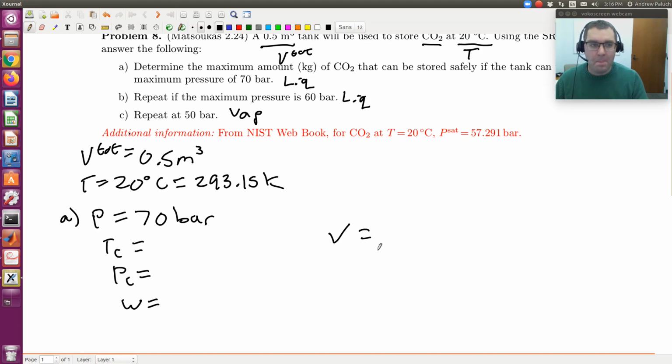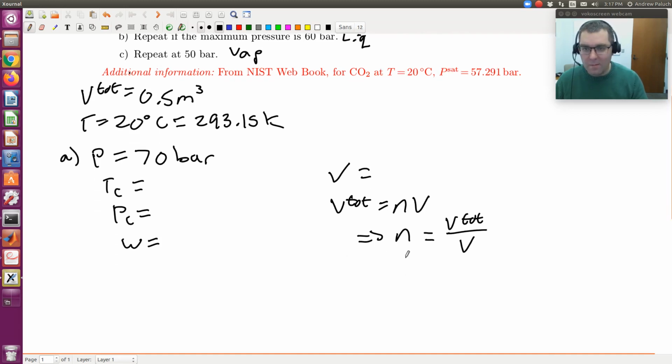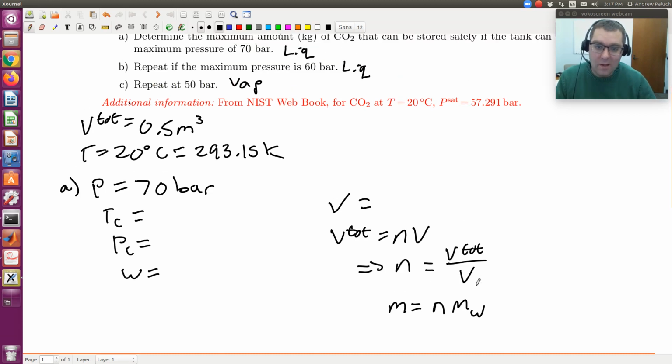I'll get V. And then once I have V, I can calculate N. Because remember, V total is equal to N times V. So therefore, N will be V total, which we're given, divided by V. And then finally, to get mass, mass will be equal to moles times my molar weight, which is grams per mole, right? And we'll take care of the units here in a second.